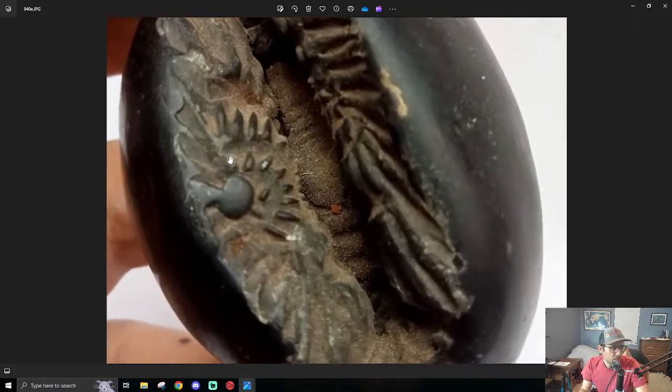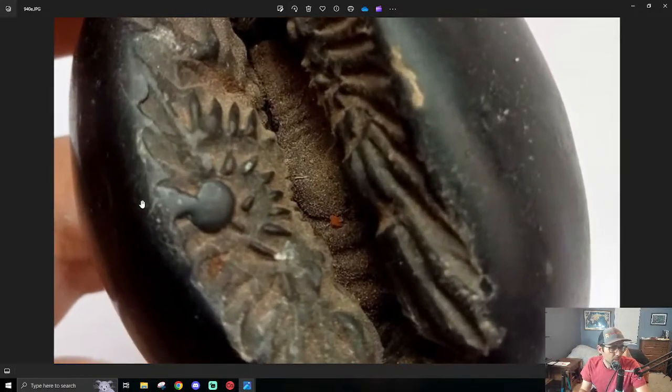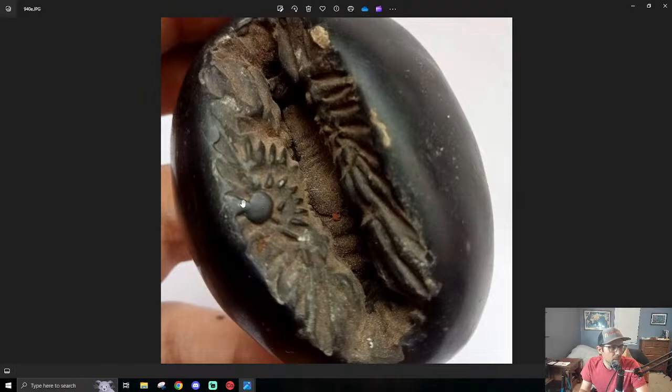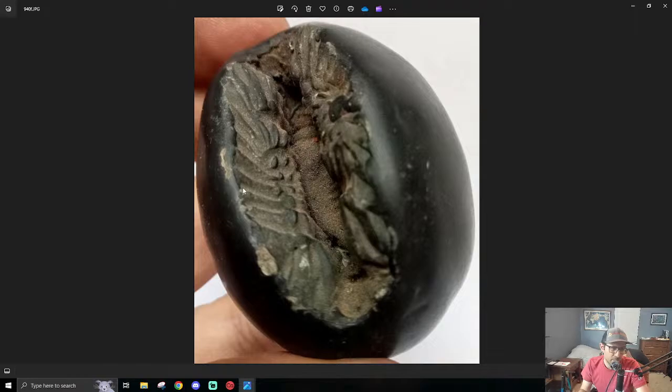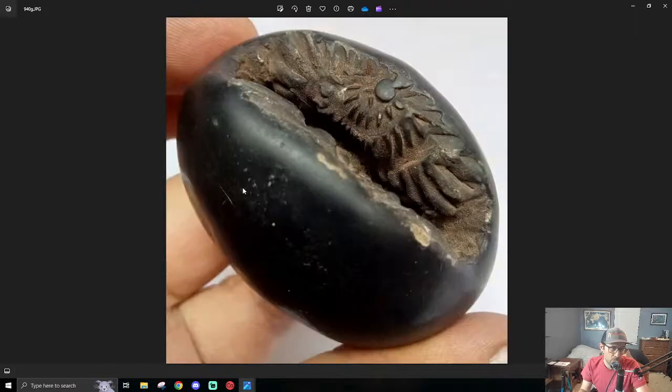It's kind of like, that looks kind of fake almost. But again, shaligrams are incredible.